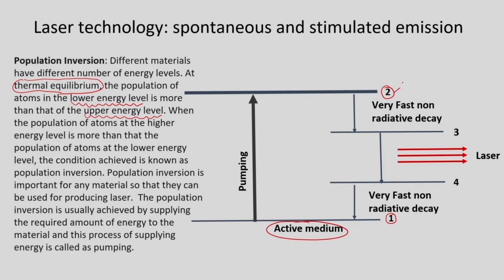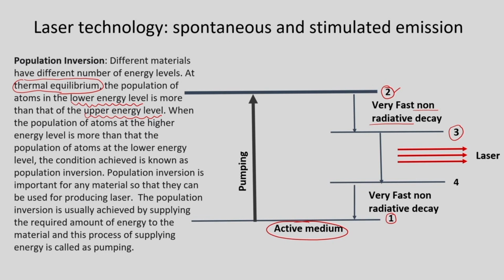From the highest energy state, the decay goes to energy state 3, but there is no radiation from 2 to 3. The time duration of the decay is very short, so no radiative decay happens here. The electrons just jump from state 2 to state 3.